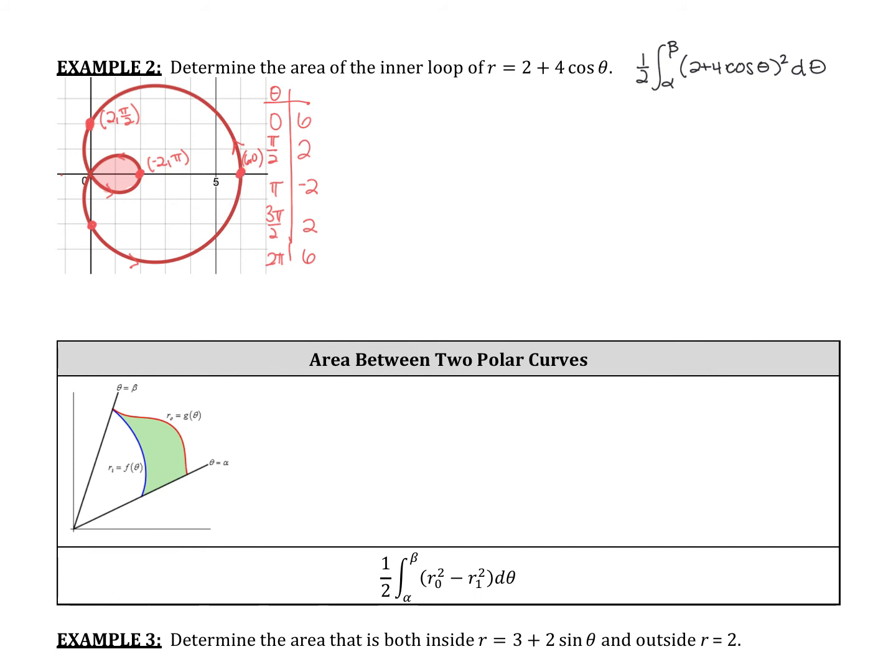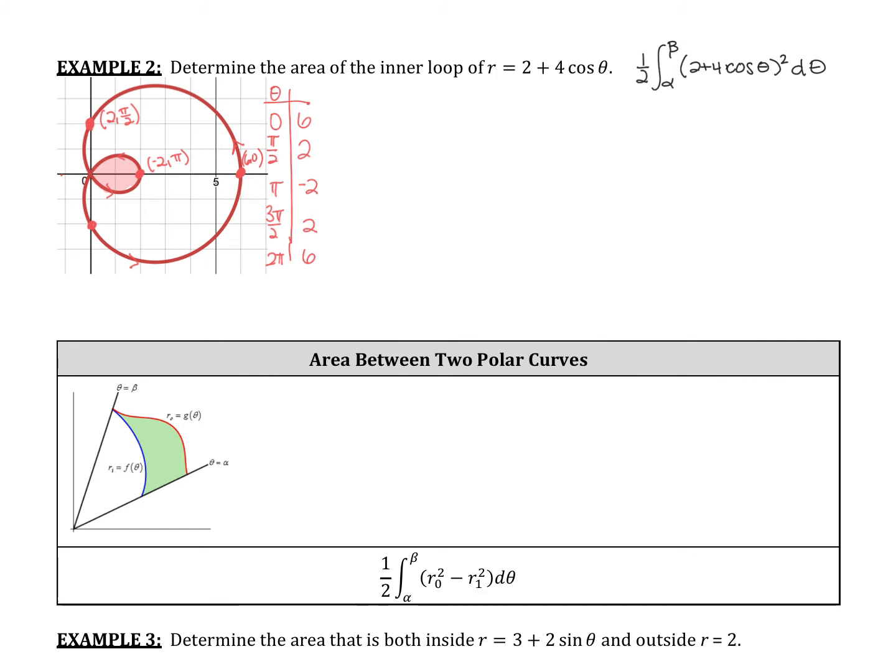Now the problem is this doesn't really give me any information about my bounds. So let's figure out what those bounds might be. What I'm really looking for is the value of theta. What is the value of theta when I get right here, or when I come back around right here?